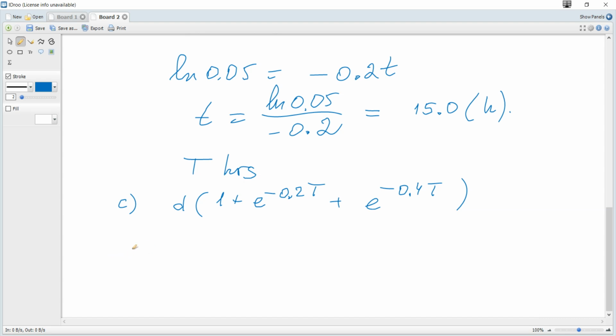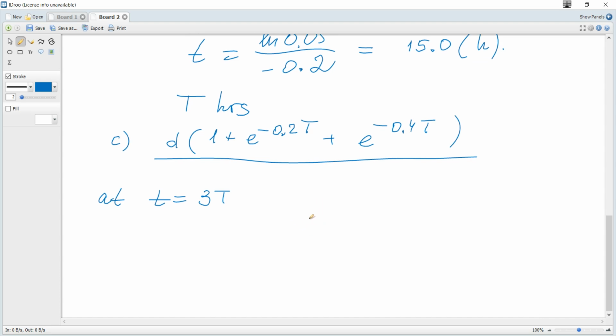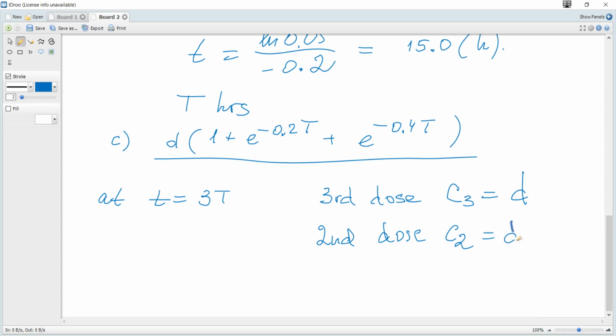So at the time which is 3 times T, the third dose, let it be C3, it's directly D, and the second dose C2, it's D but multiplied by e to the negative 0.2T. Why?